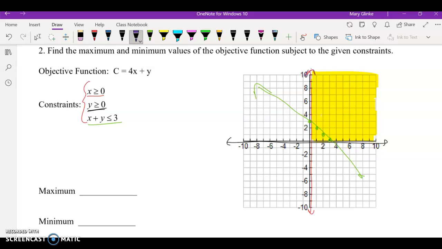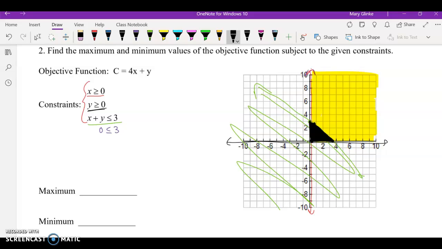So we can test 0, 0. 0 is less than or equal to 3. And since 0, 0 works, it's on the shaded side. So for the green one, everything down here would be shaded. That means our solution here is going to be this triangle shape. This is called your feasible region.